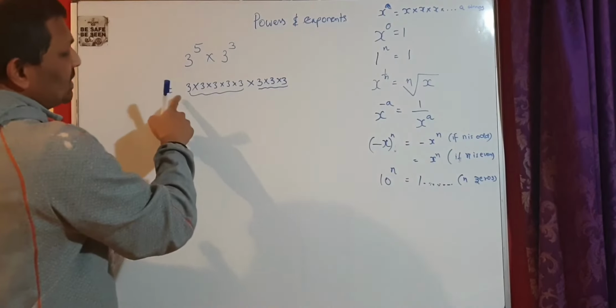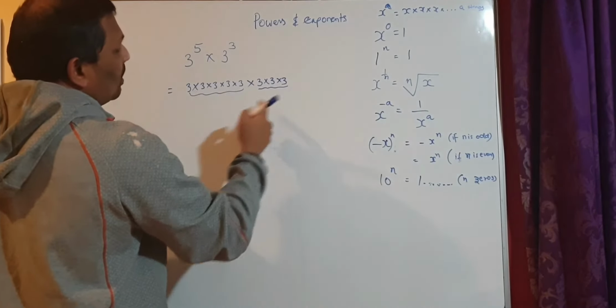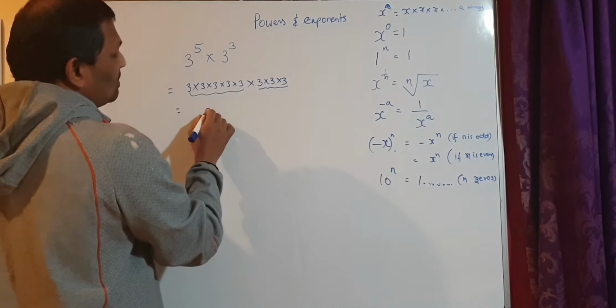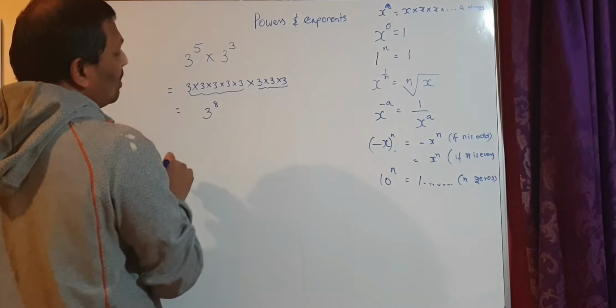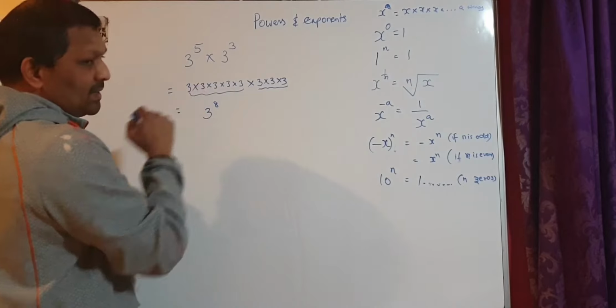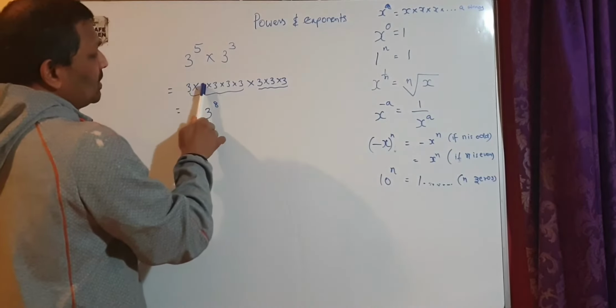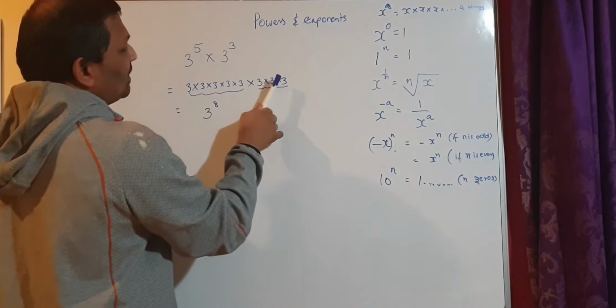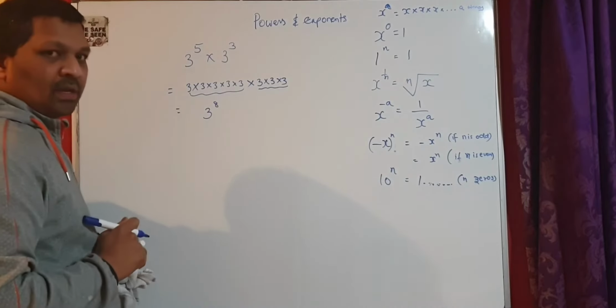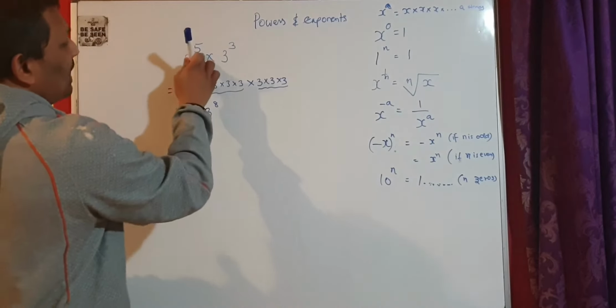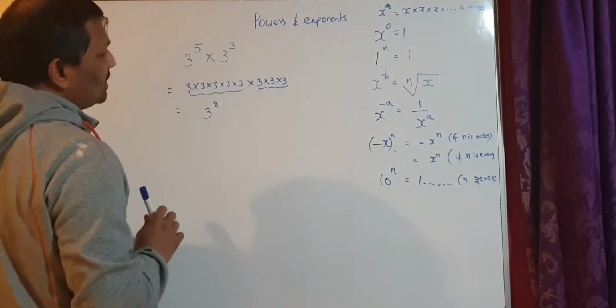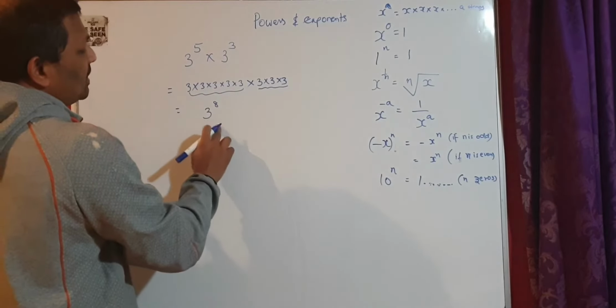This whole multiplication can also be written as 3 to the power of 8, because we are multiplying 3 by itself 1, 2, 3, 4, 5, 6, 7, 8 times. So 3 to the power of 5 into 3 cube is equal to 3 to the power of 8.